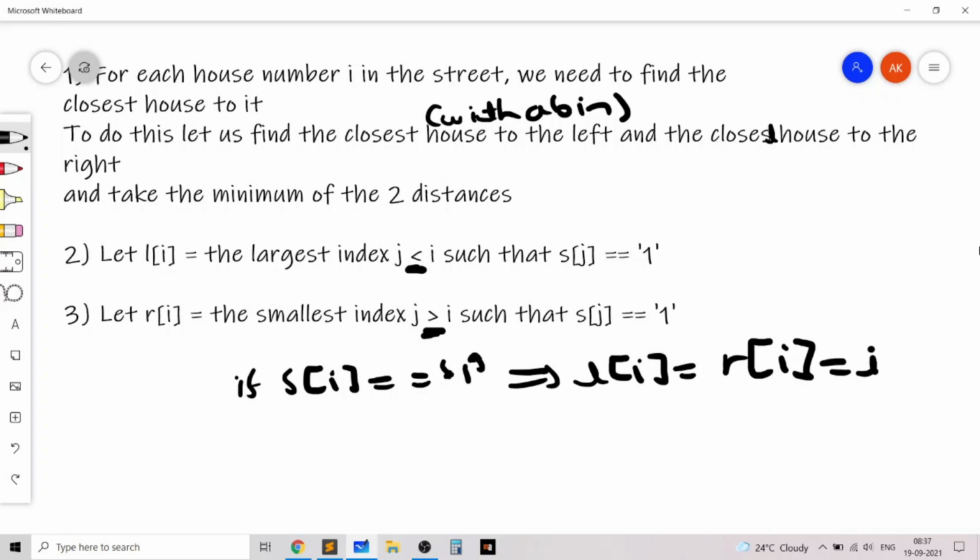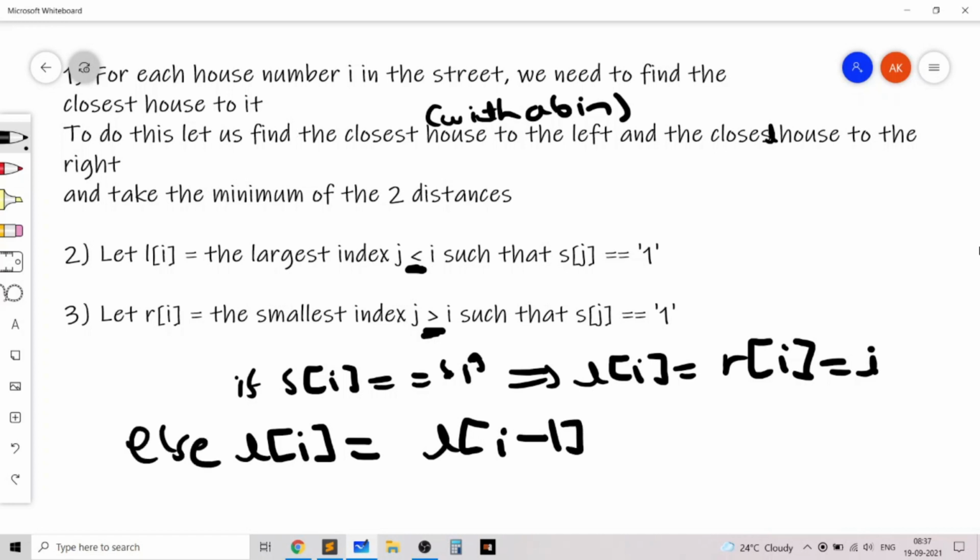So we'll initialize all the L of i and R of i values in this way, and the following recurrence holds. L of i is going to be L of i minus 1 if S of i is not equal to 1, and R of i is going to be R of i plus 1.